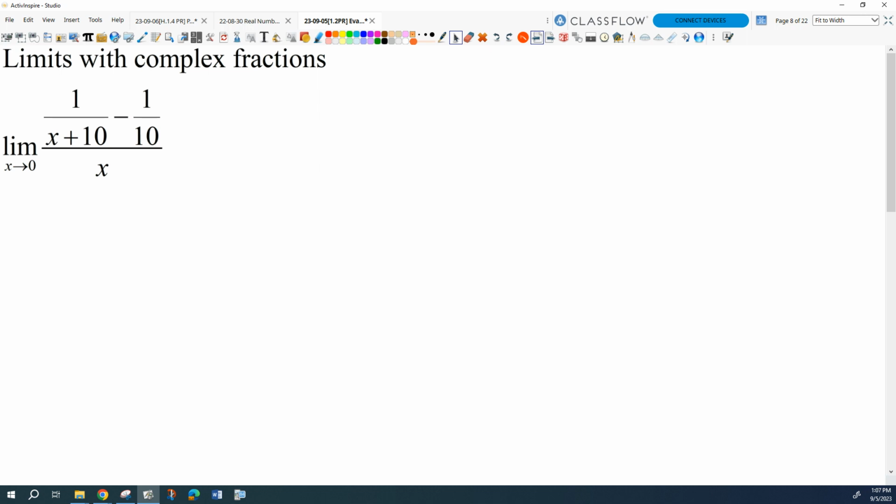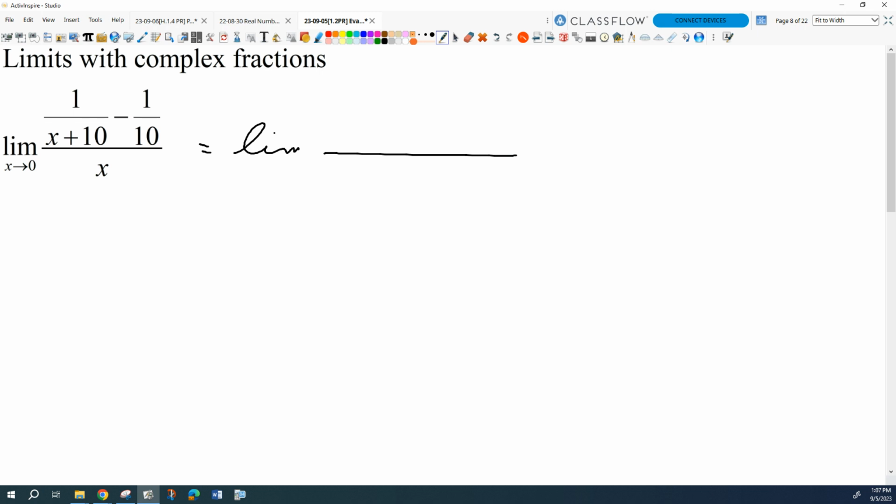We're looking in the numerator. It's going to be the least common multiple of the denominators, x plus 10 and 10. What would that be? 10 times x plus 10, yeah.